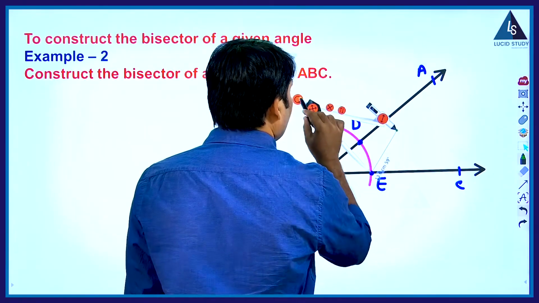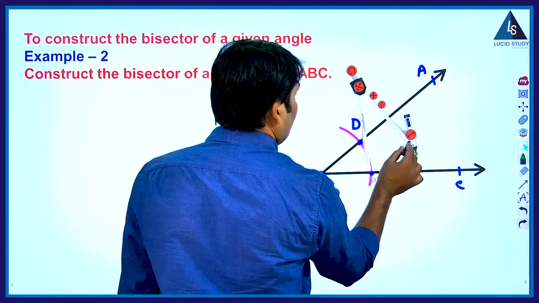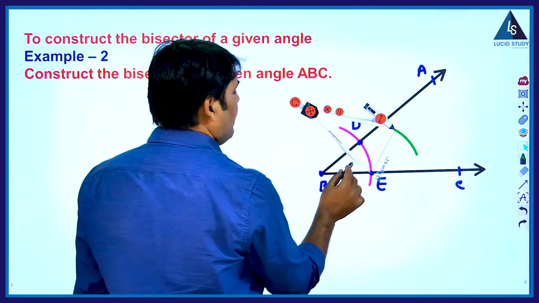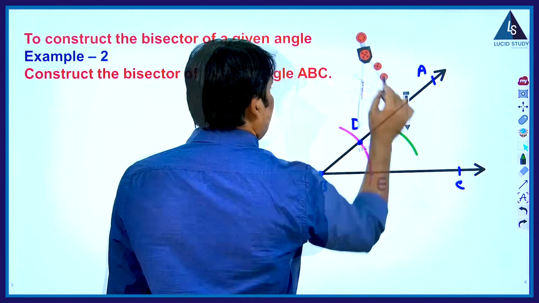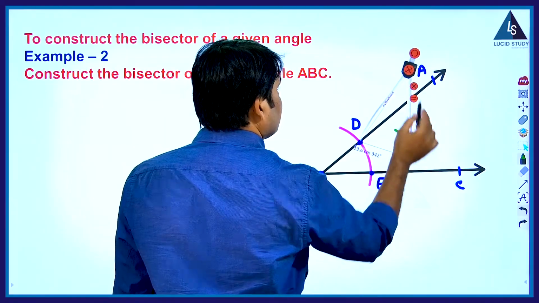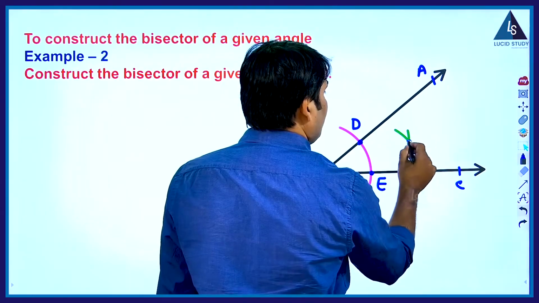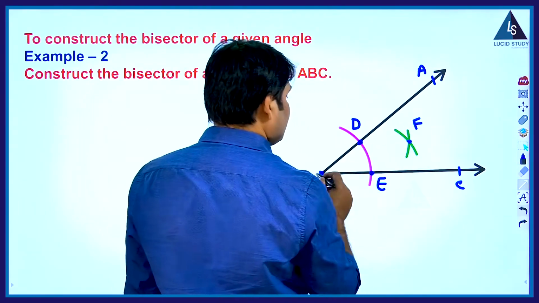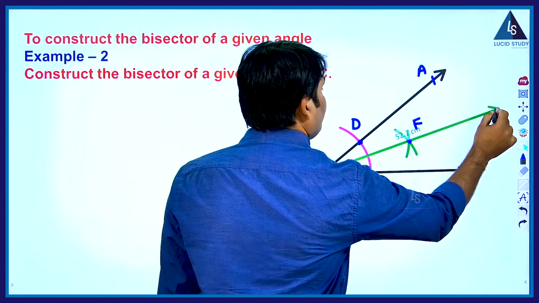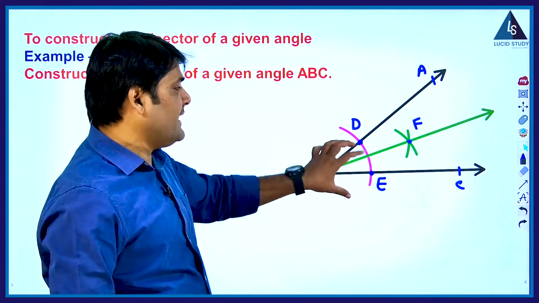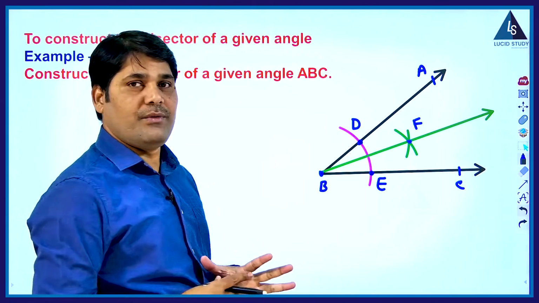Now again without changing the measurement, place your compass needle on D and draw another arc which intersects the previous arc. Let us name this point F. Now construct a ray from vertex B through point F. So this ray will bisect the angle we have taken. This is the way we have to draw.